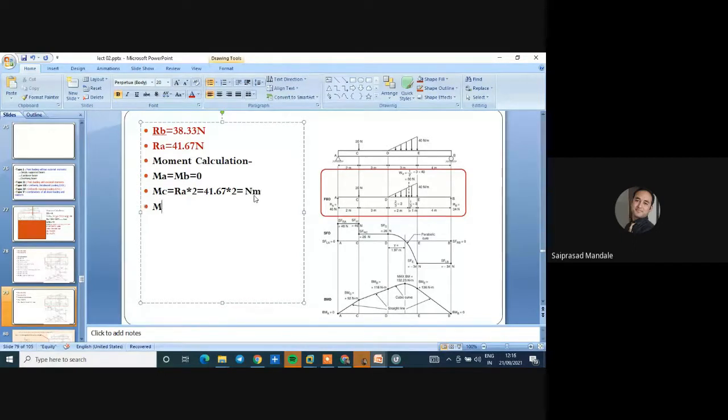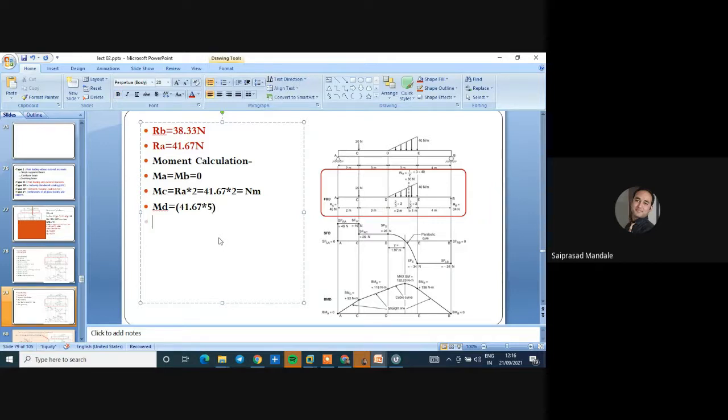Then moment at B. Who will tell me this answer? RA, 41.67 into how much? A to D distance, how much? 5. Perfectly correct.